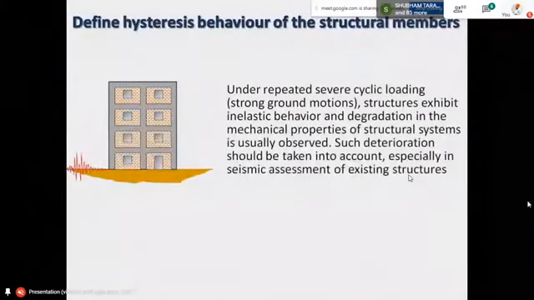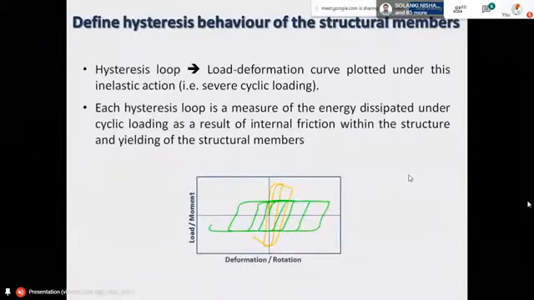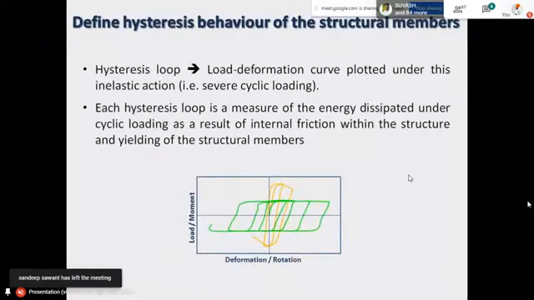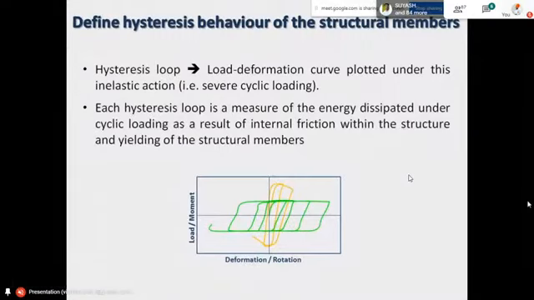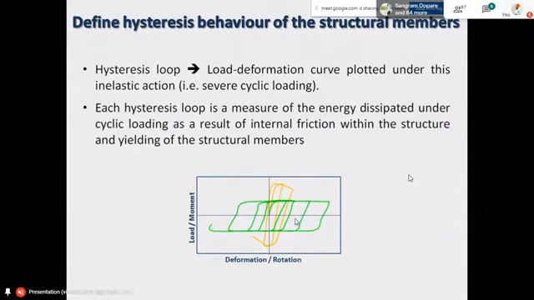Then whatever the material is, define the hysteretic behavior. For example, an RC building under cyclic loading. Many researchers have performed studies on this, and these are the hysteretic loops when the concrete is subjected to cyclic loading.